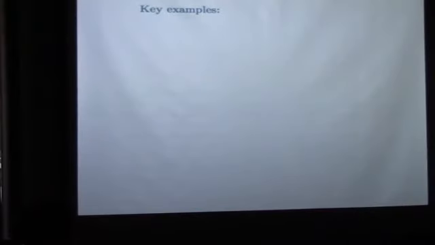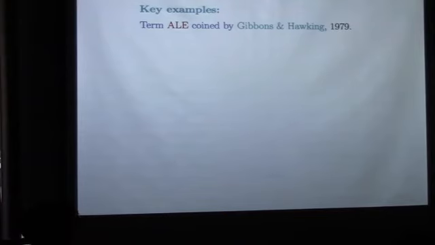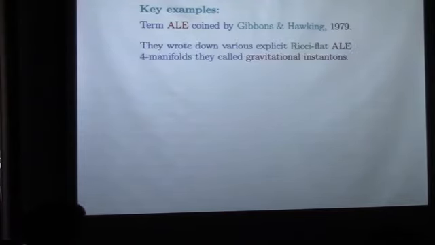So why would one consider these ALE spaces? Well, the key thing is that there are important examples of them. And this, as I said, ALE was coined by a physicist who was actually in Stephen Hawking's group at Cambridge in the late 1970s, because they had discovered some very interesting Ricci-flat manifolds which were not asymptotically Euclidean, but were asymptotically locally Euclidean, ALE.